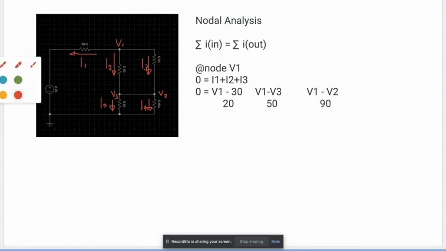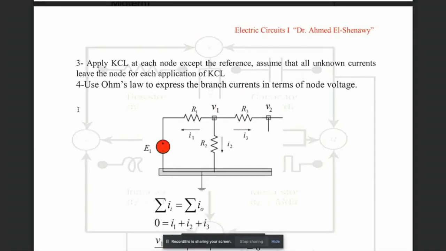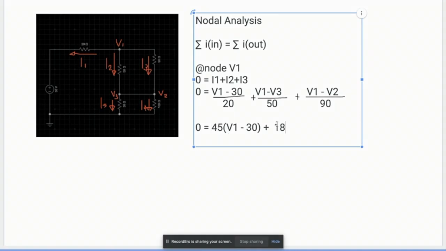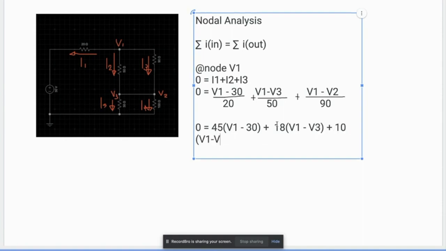Then, so that is the format. Next, you use 0 is equal to 45, 18, then plus 10 V1 minus V2.